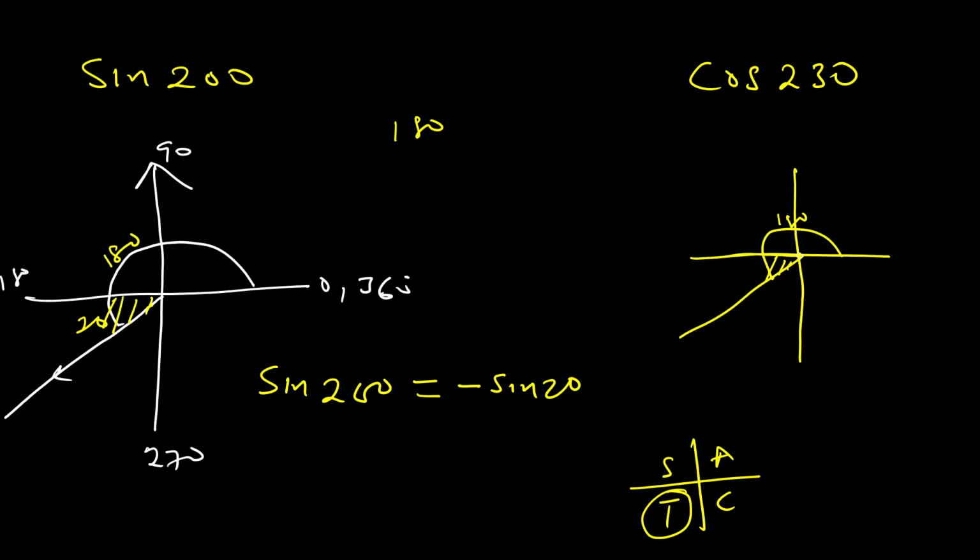So we need to subtract 180 from 230 to get the acute angle. The direction is negative because this side is for tan. So cos 230 is the same as negative cos 50.